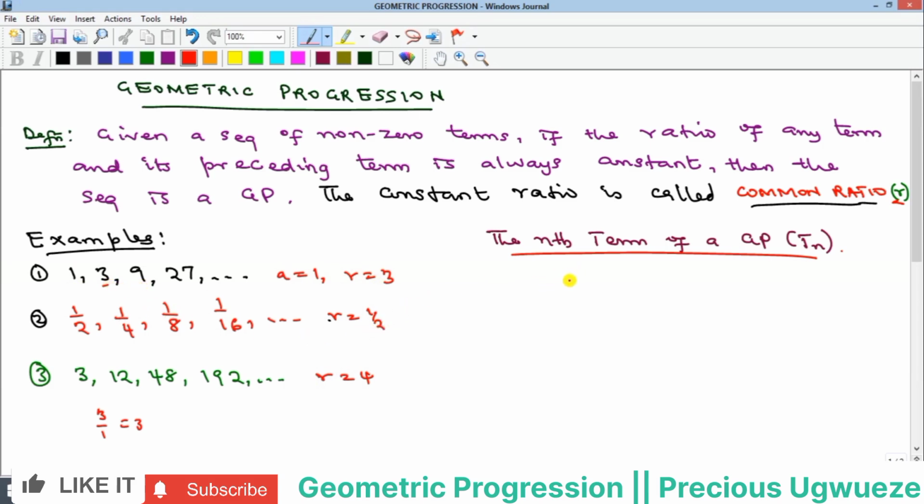Okay, so now the next thing we'll talk about is the nth term of a GP. In AP, we talked about the nth term, and so we're going to see that here also.